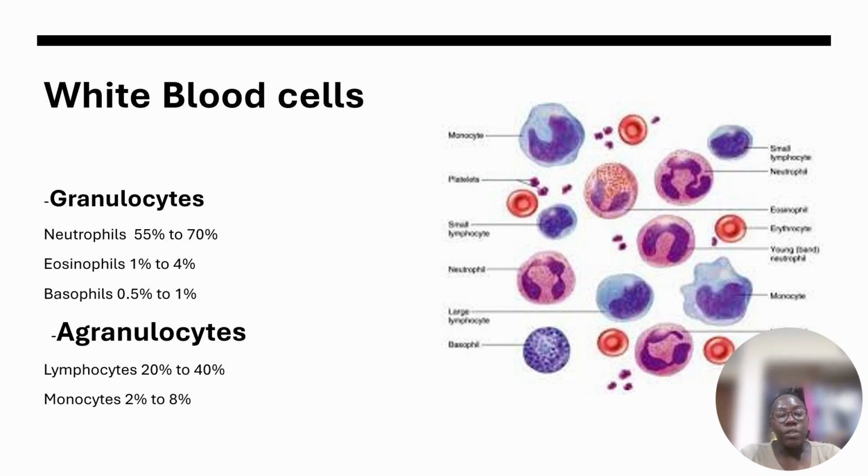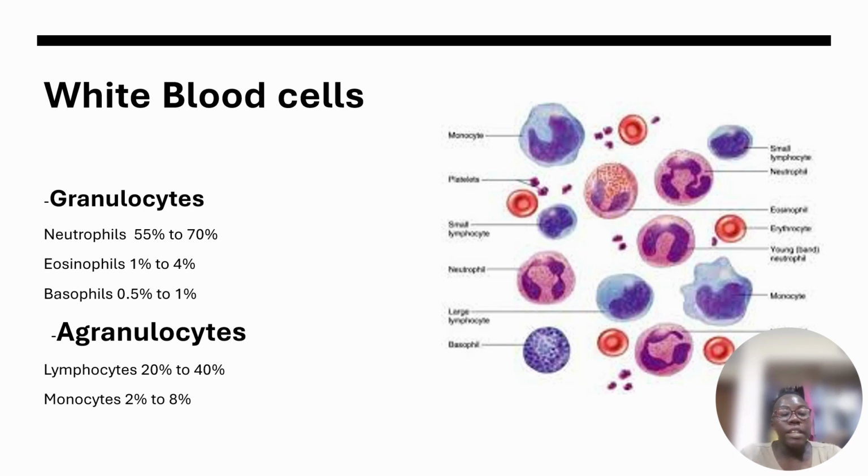We have the basophils. The basophils produce histamine and heparin. The histamine is a vasodilator, which allows blood to flow more freely, and the heparin is an anticoagulant, which prevents blood from clotting.